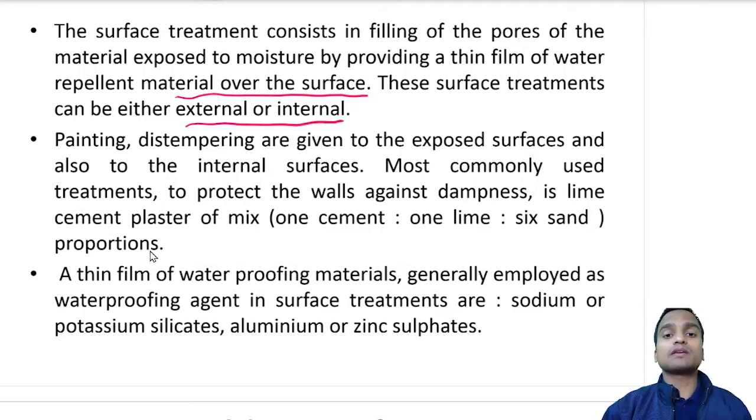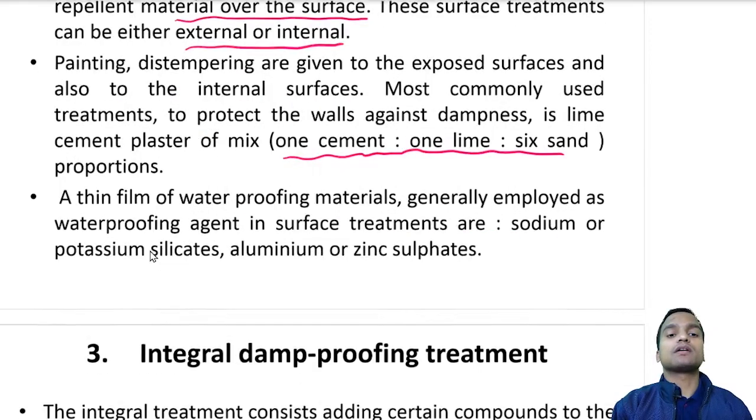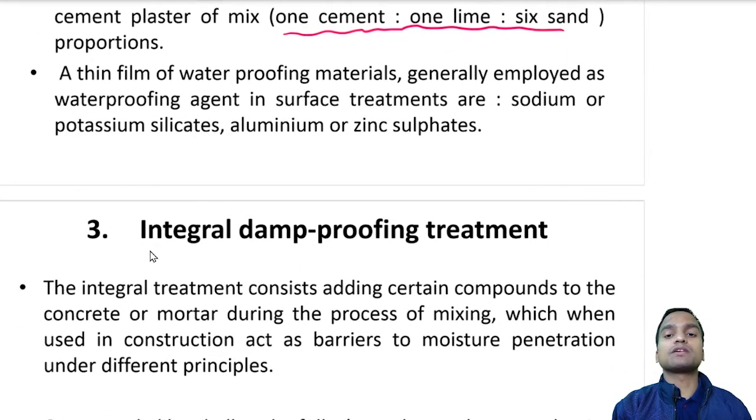Painting and distempering are given to the exposed surfaces and also to the internal surfaces, and here we use mostly lime cement plaster of mix ratio 1 cement, 1 lime and 6 sand.